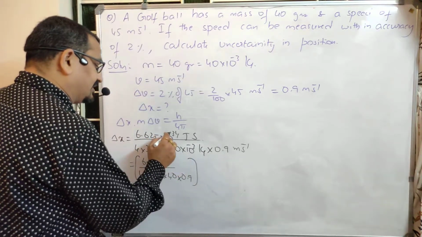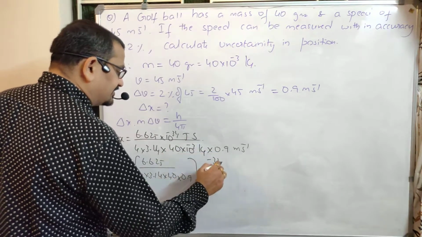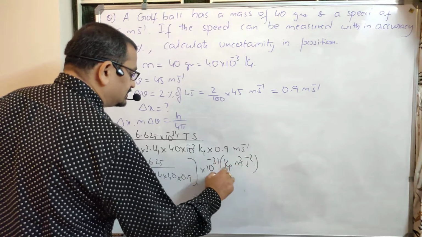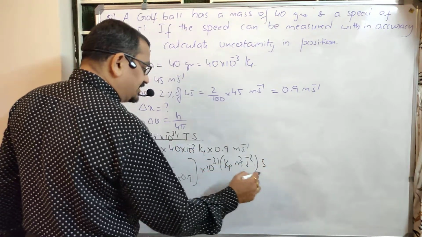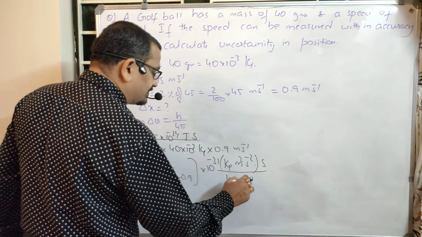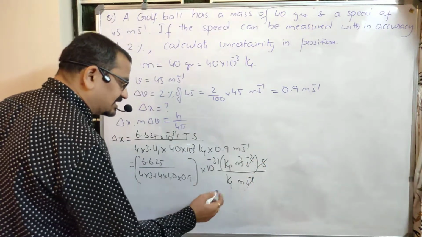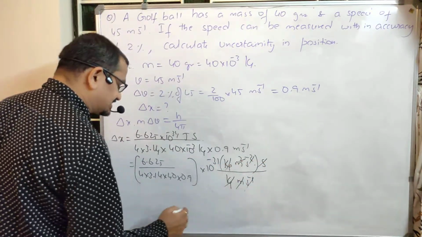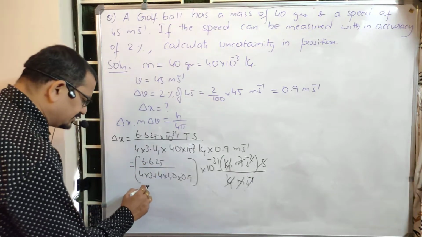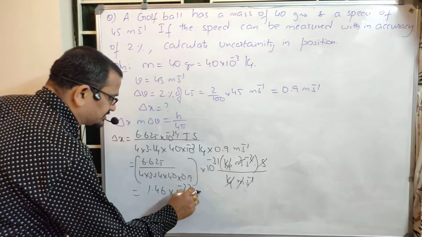So, 10 power minus 34 and minus 3, if you cancel, 10 power minus 31, this is kg meter square second inverse square instead of joule, into second by kg meters per second. So, per second is cancelled, second square is completely cancelled, 1 meter is cancelled, kg is cancelled. On simplification, it will be around 1.46 into 10 power minus 33 meters.